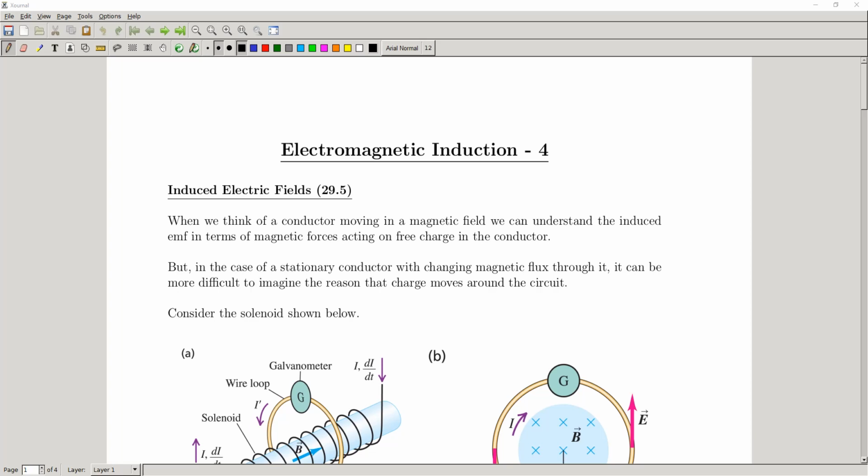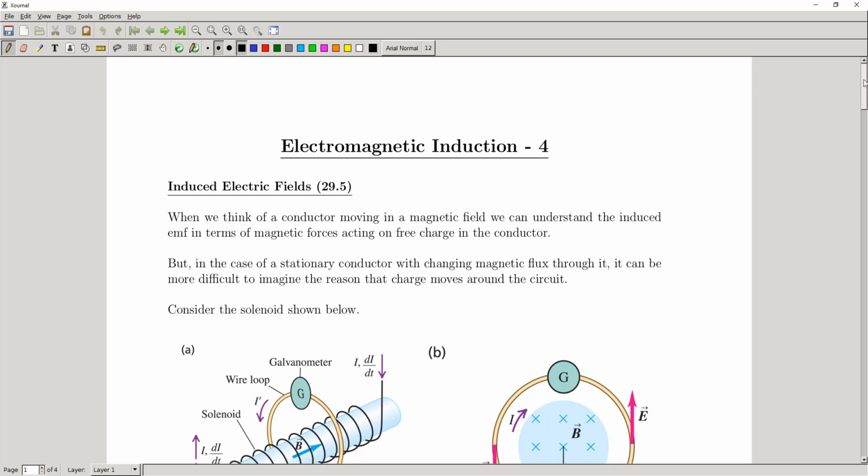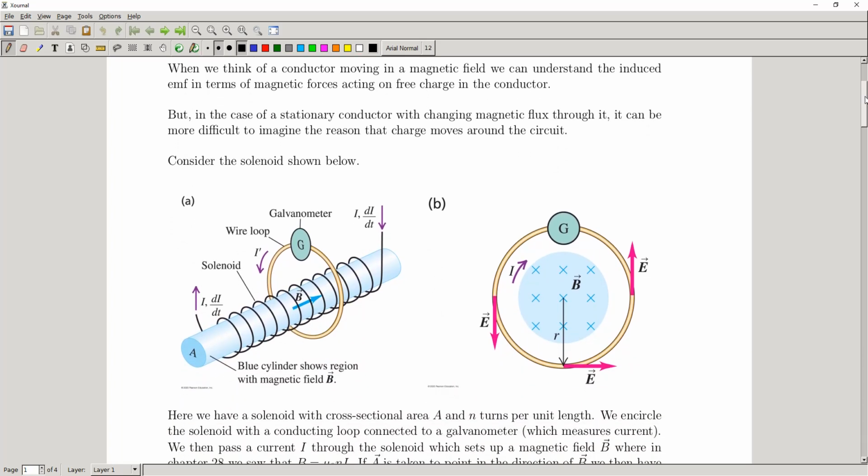What is actually driving this? Where we had the conductor moving through the magnetic field, we've already talked about magnetic forces acting on these charges. But what's acting on the charges in our loop when we don't even have a magnetic field on the loop?